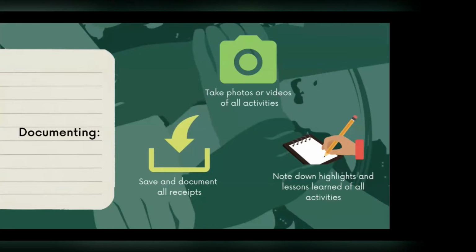Once you've done all this process, it's really important to document everything. We're documenting not just for the purpose of reporting back to the donors, but also for the purpose of your growth as a group, whether you're being funded by Green or not. It's always good to document.